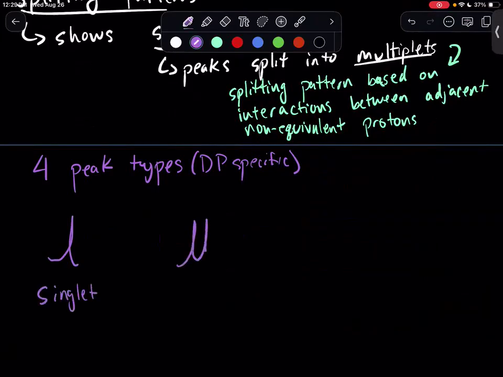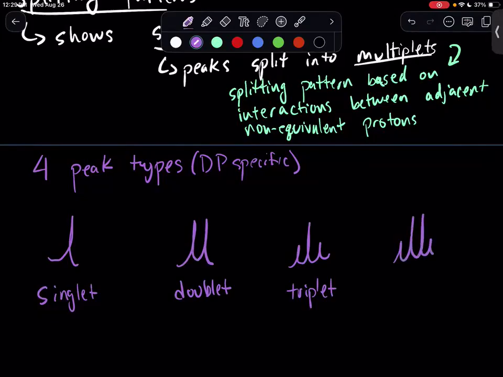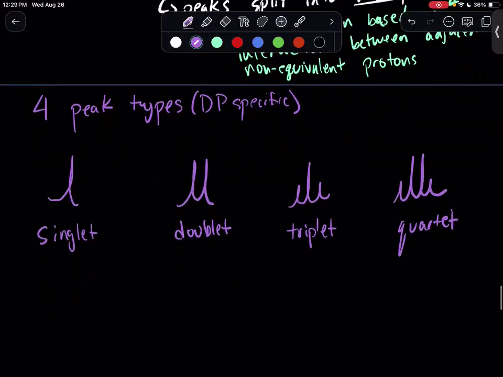Second one is a doublet, 2 peaks. You can probably guess. Now we're going to have a triplet, 3 peaks. And then we're going to have a quartet, 4 peaks. And these come from what we call the n+1 rule.